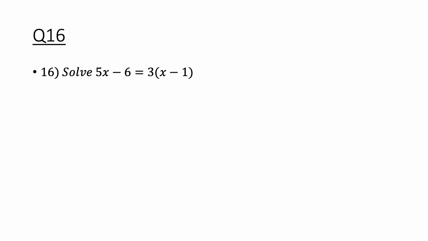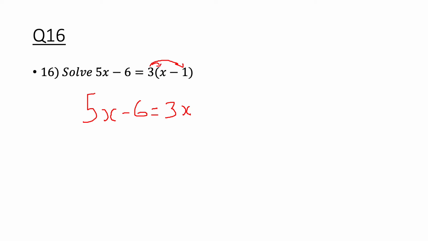Question 16, okay, solve 5x minus 6 equals 3 times x minus 1. Now what I'm going to do first of all, guys, is expand the right hand side. So 3 times x is 3x, and 3 times negative 1 is negative 3, okay? So everything in the bracket is being multiplied by 3.